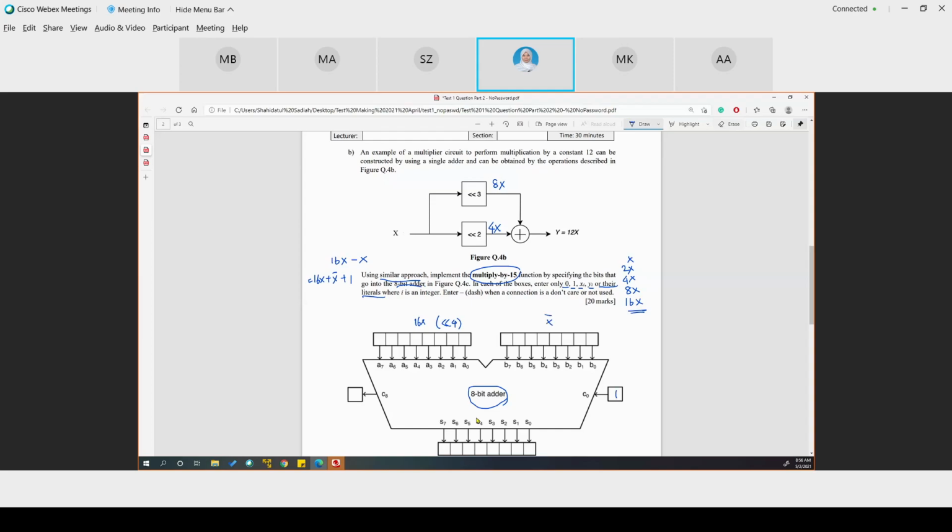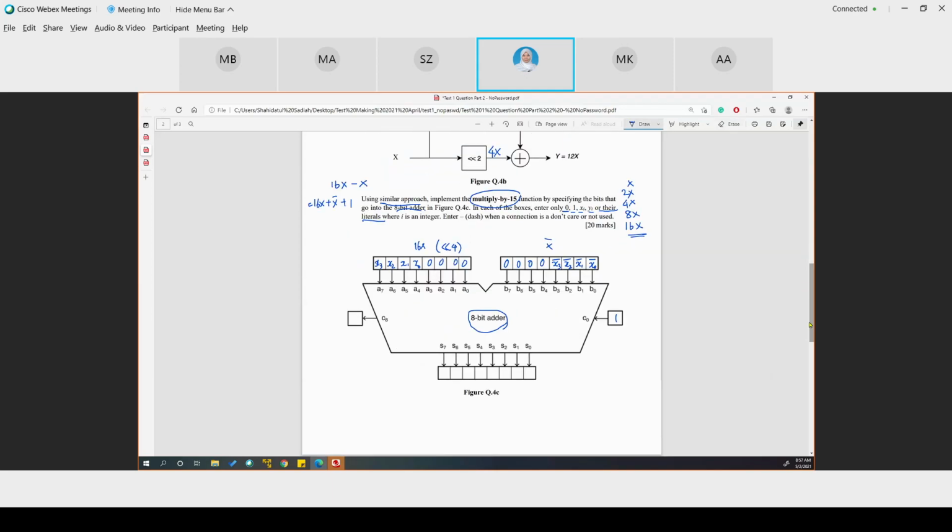So you get the 1 from the carry in. So this is x shifted 4 times: x3, x2, x1, x0, 0, 0, 0, 0. And here is x bar: x0 bar, x1 bar, x2 bar, x3 bar, 0, 0, 0.